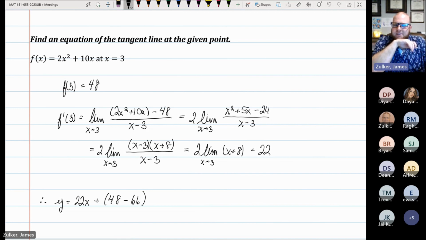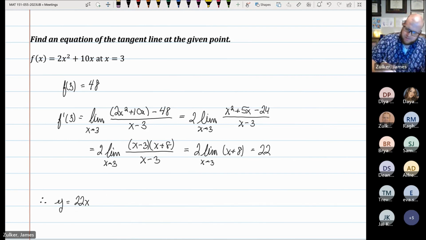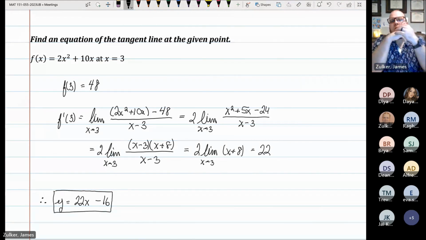And that's what, negative 16? So there's our tangent line.